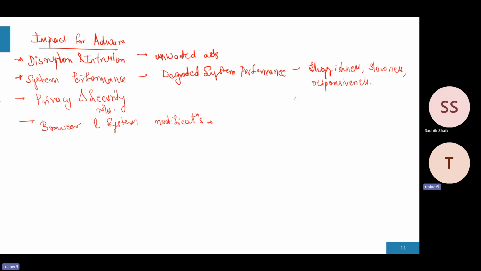These unauthorized changes, like for example the ask.com episode that happened, you will not be able to revert back. Reverting those settings back, or bringing it back to your original state, might sometimes be difficult.